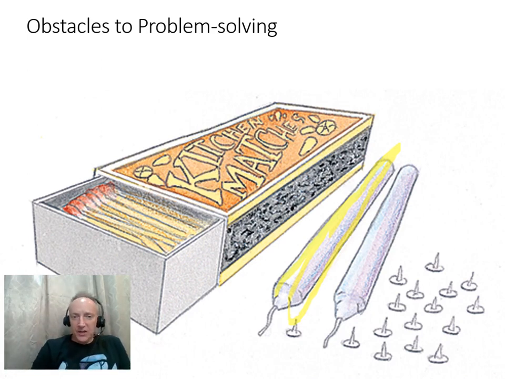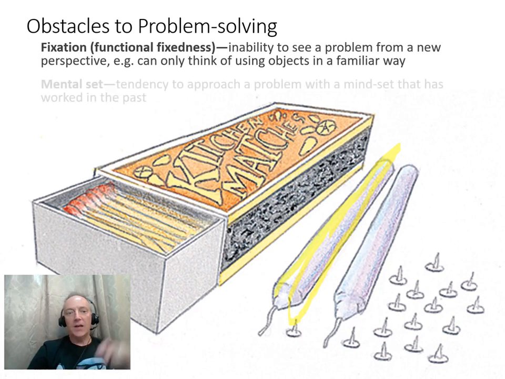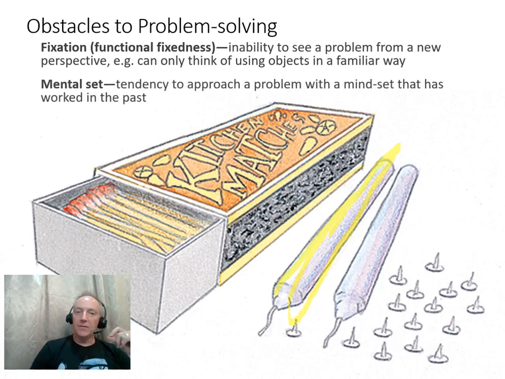So did you think of the solution? If not, you might have fallen victim to one of the most common obstacles to problem solving, and that would be either fixation or mental set.